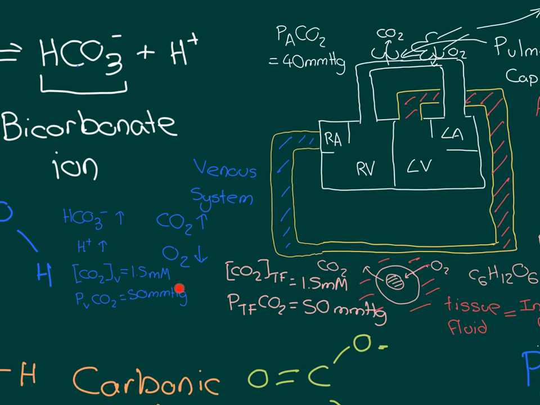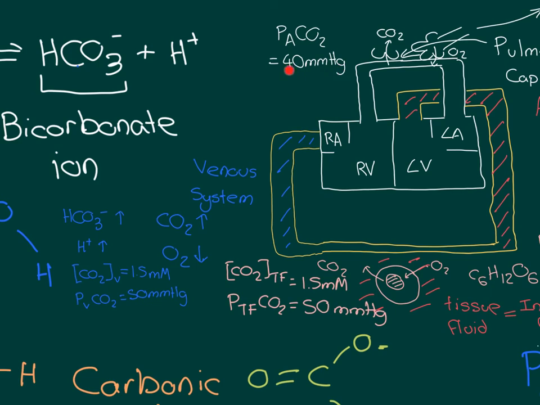That means that carbon dioxide is going to come out of solution because the blood that is coming up to the pulmonary capillaries here has this concentration of carbon dioxide, and that will be in equilibrium with 50 millimeters of mercury, not 40. So this is too high for this. So carbon dioxide will come out of solution and go back into the gaseous form. So carbon dioxide will come into the alveolar air spaces.